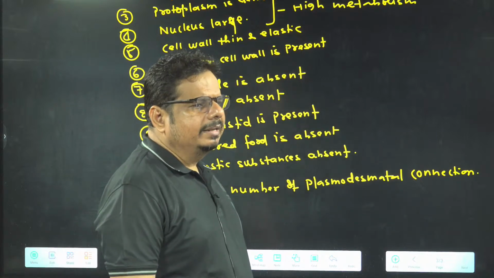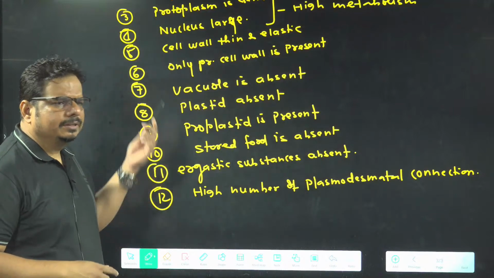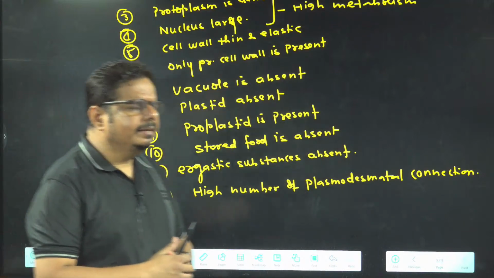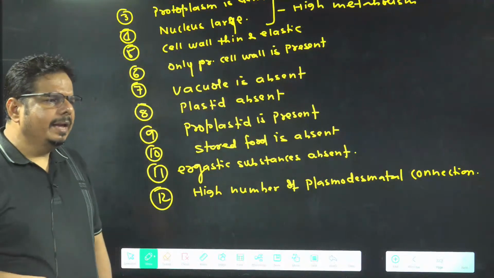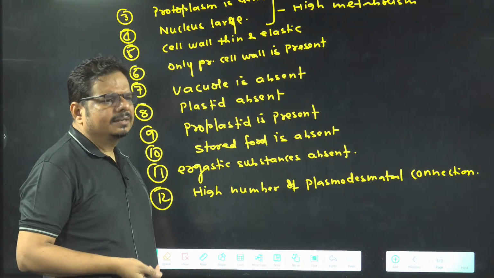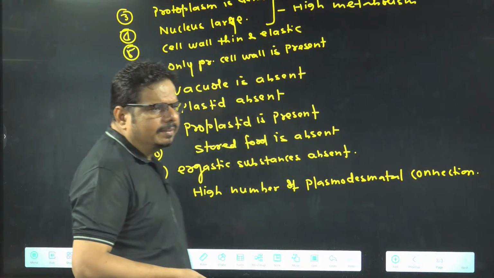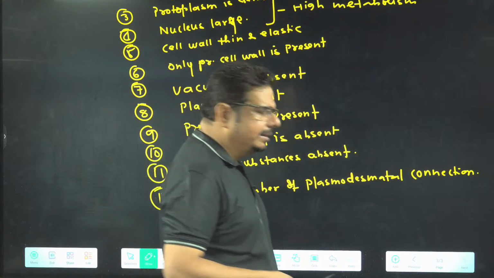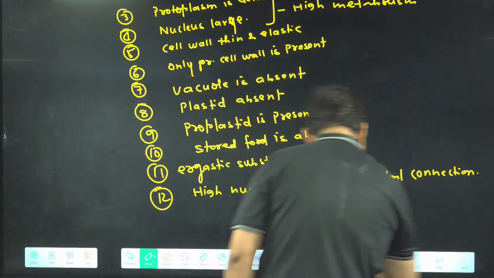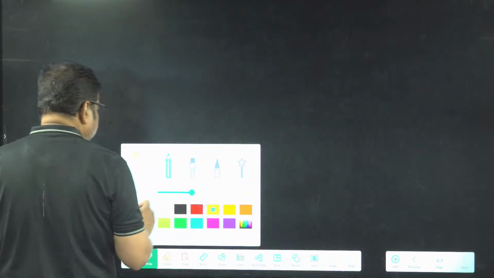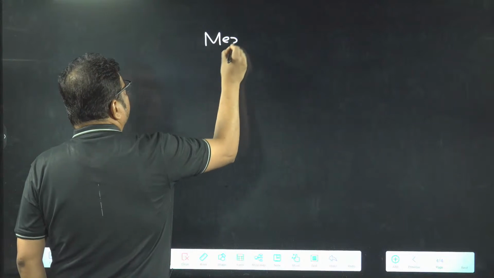Some of the characters associated with the meristematic tissue, right? So now we are going to deal with the types of meristematic tissue, a further classification of the meristematic tissue. Is it all right? So further we are going to classify the meristematic tissue. Have a look.